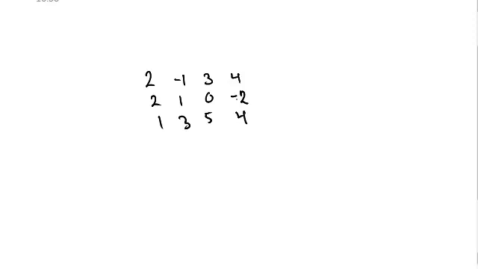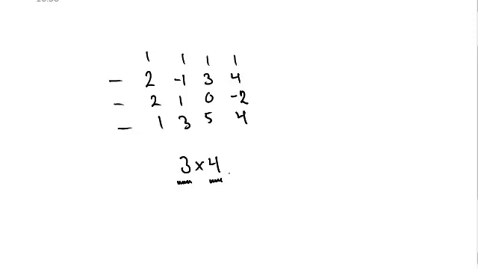And I have created a matrix with 3 rows and 4 columns, which means that the dimension of this matrix is 3 by 4. A convention in matrix algebra is to always let the first number represent the number of rows, while the second number in the dimension represents the number of columns.